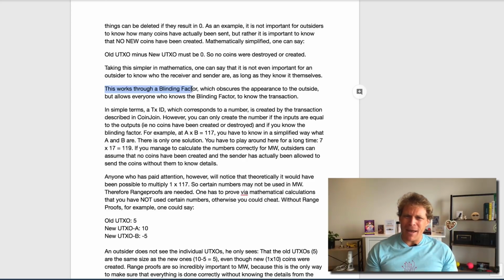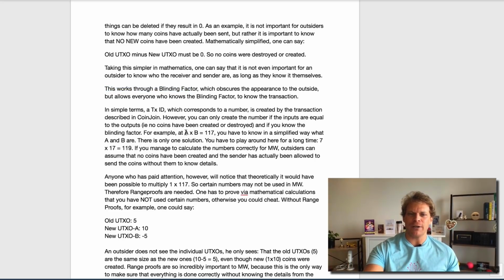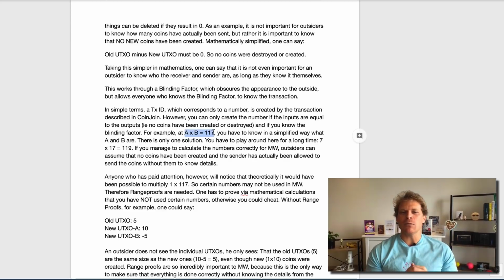And as you can imagine, Beam actually wrote a blog post about this, which is not 100% accurate in my opinion. I will go into the actual cryptography in the crash course series, but just as a simplification here, imagine you have this equation, A times B equals 117. And then I ask you, what's A and what's B?